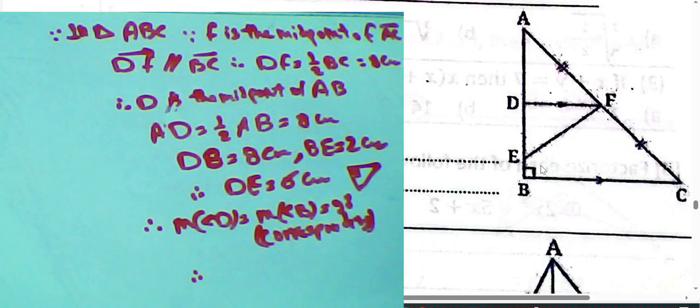Then we have a small triangle here, FD. In this triangle FDE, the measure of angle D equals 90 degrees.